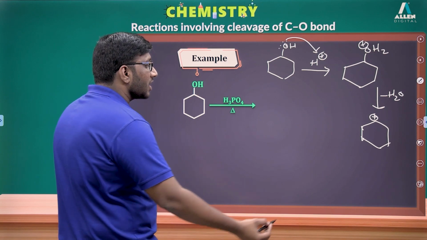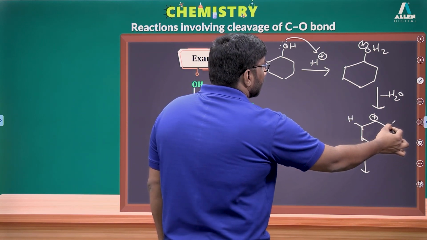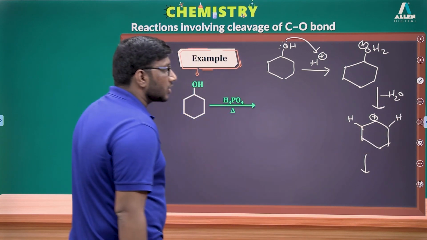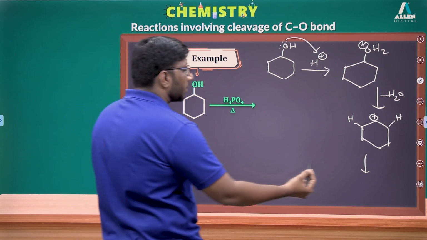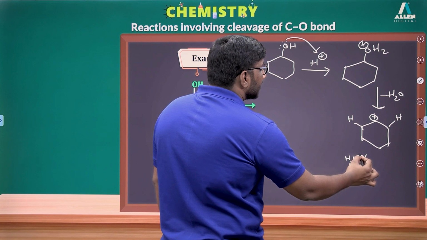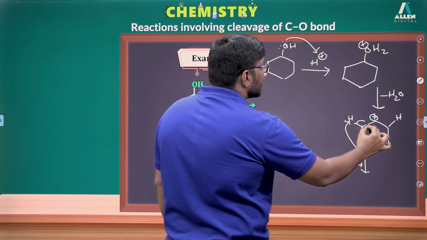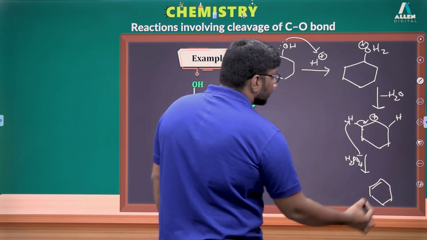Now I have to do the elimination. To do the elimination, if I look at the hydrogens, the HSO4 minus, or here H2PO4 minus, the conjugate base, can pick up this proton, and the C-H electron density comes in, leading to the formation of this alkene.